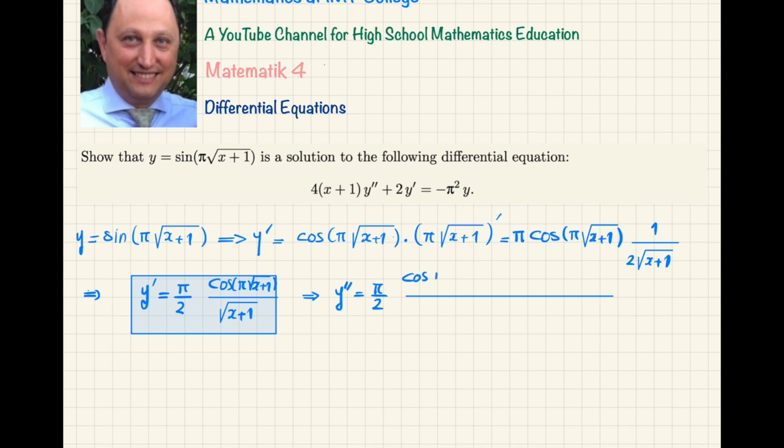I am just following exactly the quotient rule: the derivative of the numerator multiplied by the denominator itself, minus the numerator multiplied by the derivative of the denominator.